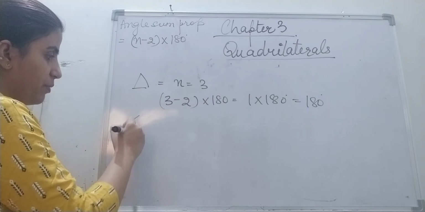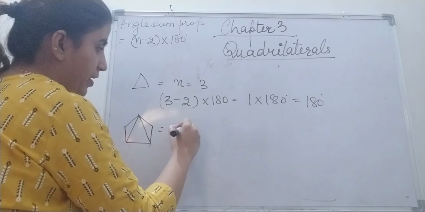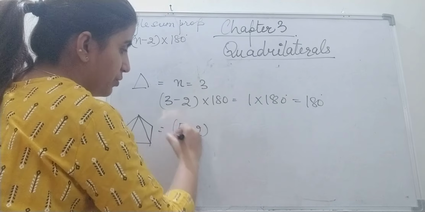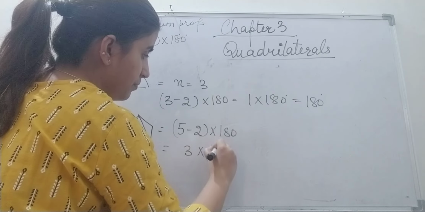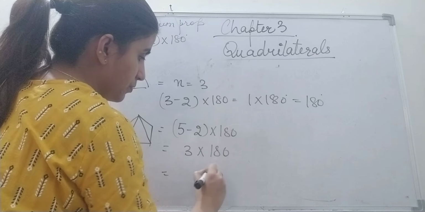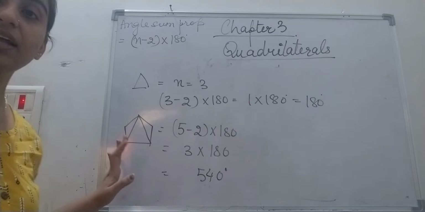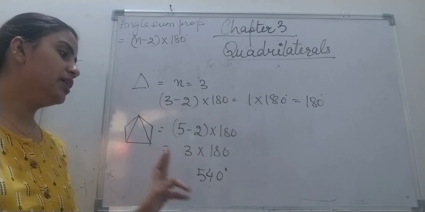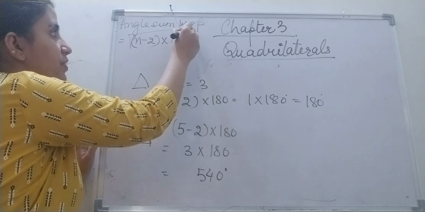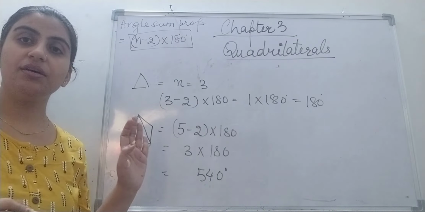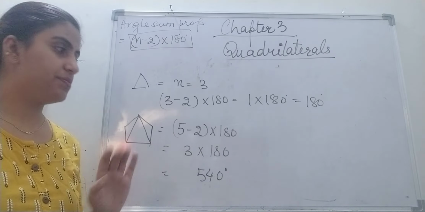If I talk about a pentagon, we have 5 sides. 5 minus 2 into 180, 3 into 180. It makes 540. That means if I add the interior angles of a pentagon, it will sum up to 540. So with this formula, we can find the angle sum of any polygon whose number of sides is given.